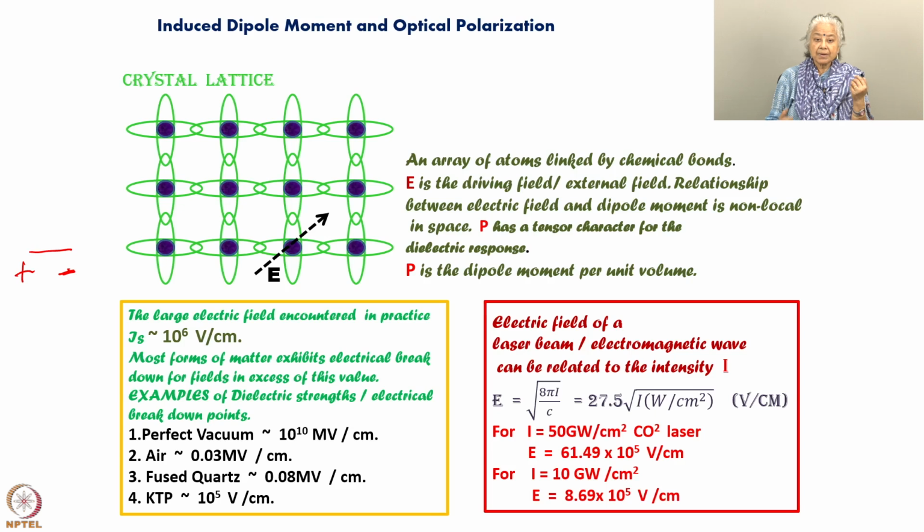Okay. But non-linearity does not really require those high fields of 10 to the power 6 volts per centimeter. It will occur much before that. So, the nonlinear optical response will happen much before an electrical breakdown in a dielectric system, or in a crystal structure, or in a glass structure, wherever.